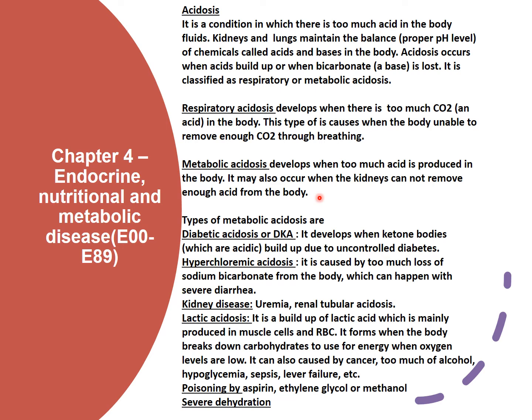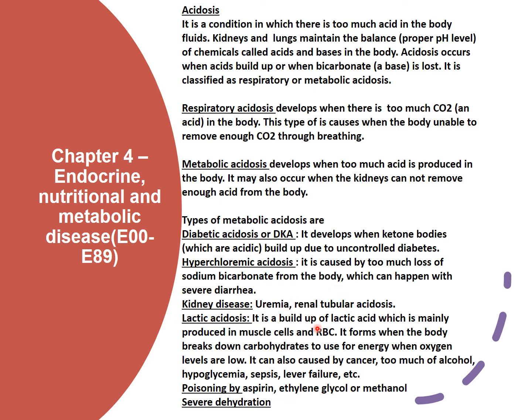Now we will see the types of metabolic acidosis. Diabetic acidosis or diabetic ketoacidosis develops when ketone bodies build up in the body due to uncontrolled diabetes. Hypochloremic acidosis is caused by too much loss of sodium bicarbonate from the body, which can happen with severe diarrhea. Kidney diseases like uremia and renal tubular diseases also cause metabolic acidosis.